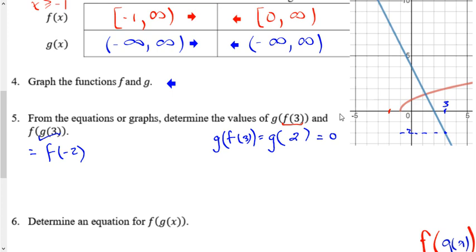So this 3 was acceptable input in the g of x function, but the output that it gave here, that negative 2, is not in the domain of my f of x function. And so here, this doesn't exist. So if we were to look at the composition of functions, we would say that negative 2 is not in the domain of the composition of functions.